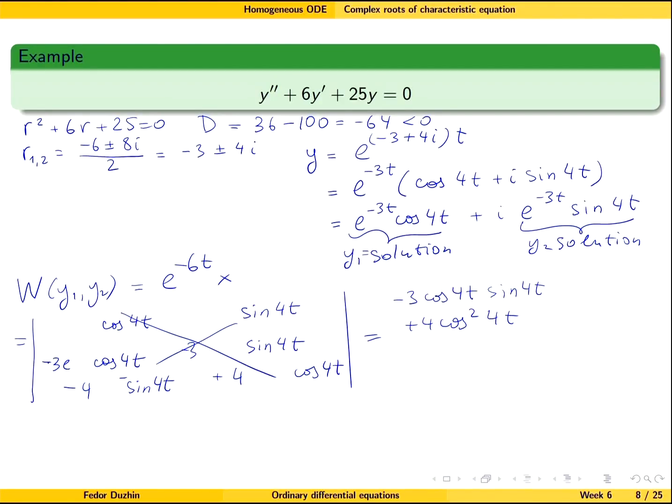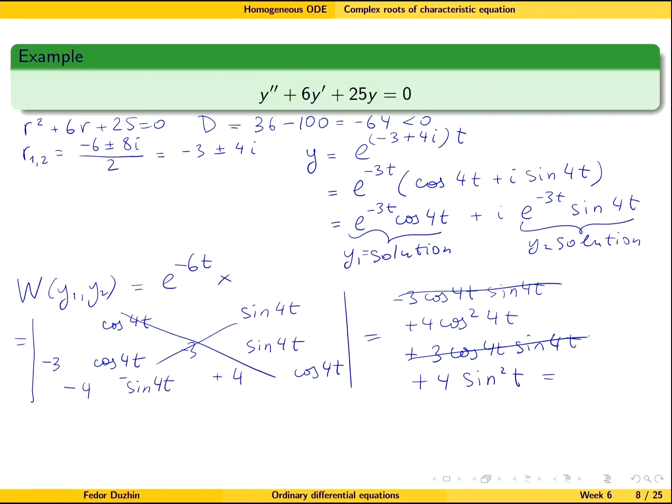But then we have minus and minus, which gives plus, so plus 3 cosine 4t sine 4t and plus 4 sine squared 4t. The cross terms cancel together.